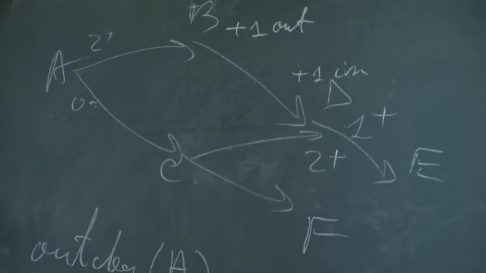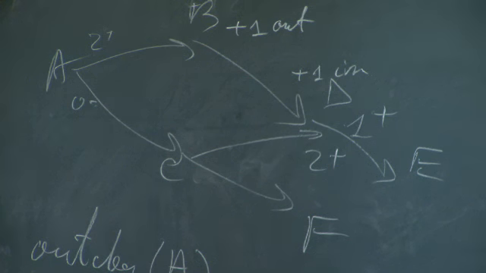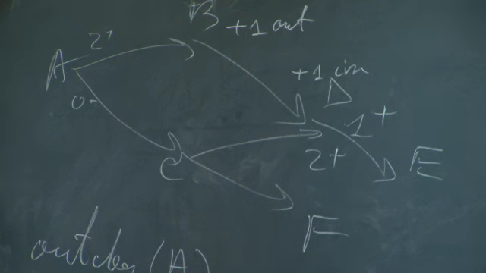So each edge contributes 1 to an out degree and 1 to an in degree. So that means that the total sum of out degrees equals the total sum of in degrees, and both of them are E, and combined they are 2E. Sorry, I don't know why that didn't click to me right away.